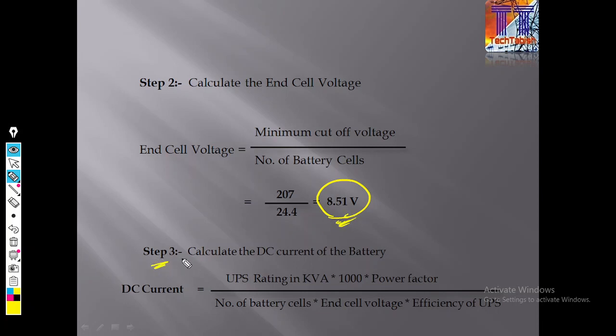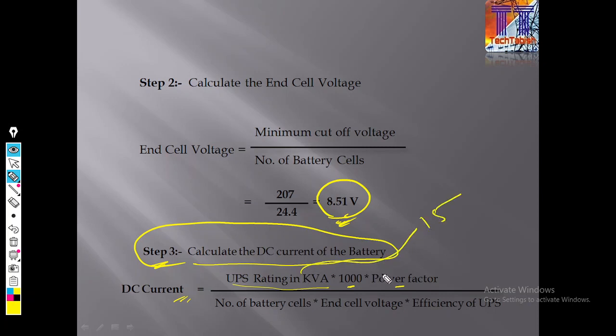Now step number 3, calculate the DC current of the battery. For DC current this is the formula: UPS rating in kVA into 1000 into power factor. The UPS rating we have already got is 15. For power factor we will take 0.8.